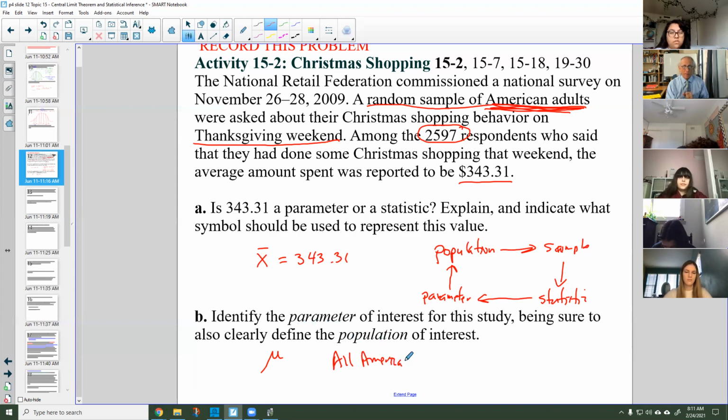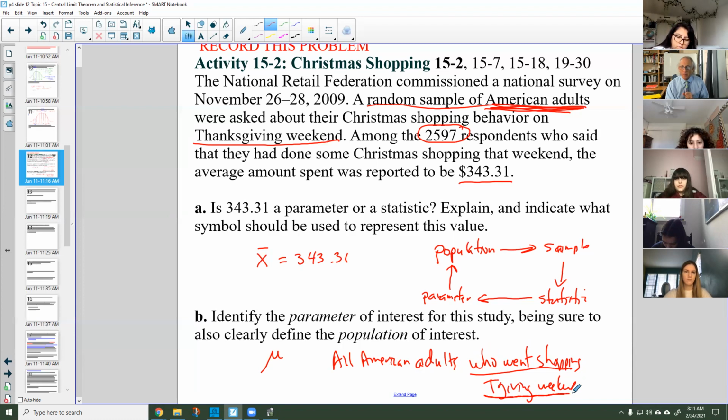Now I'm going to quantify that. And this is a little bit picky, but it's important. All American adults who went shopping Thanksgiving weekend. It's important that we specify we're looking for the American adults who went shopping Thanksgiving weekend, because I'm guessing there's a ton of American adults that did not go shopping on Thanksgiving weekend.